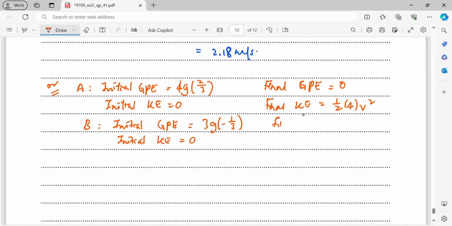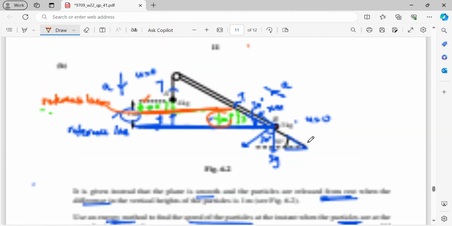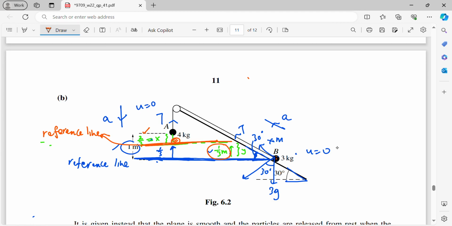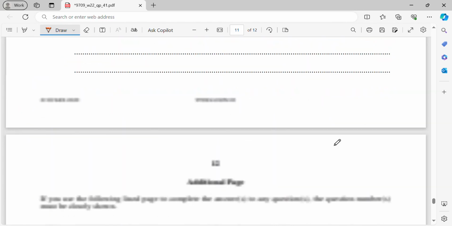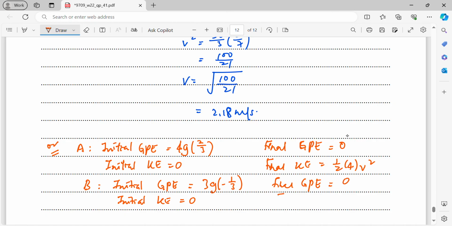Then the final GPE for the particle B, because it will reach here, the GPE will be 0 because it is on the reference line. So here I will just write this is 0. Then the final kinetic energy will be half times 3 times v squared.